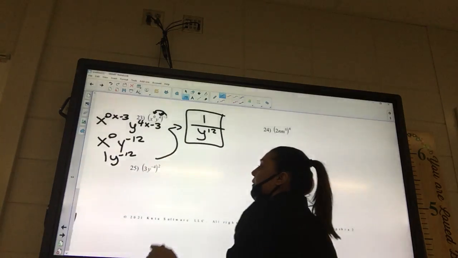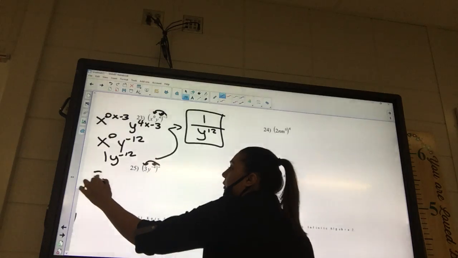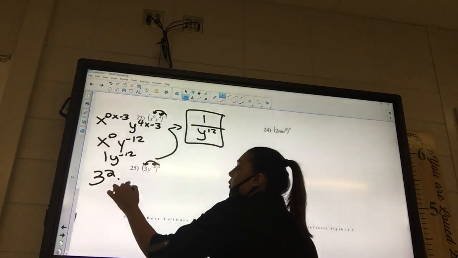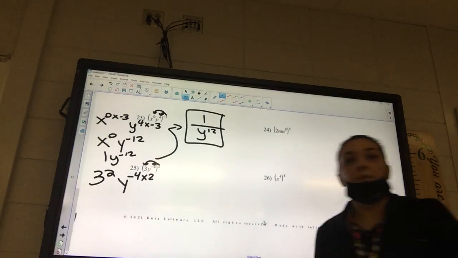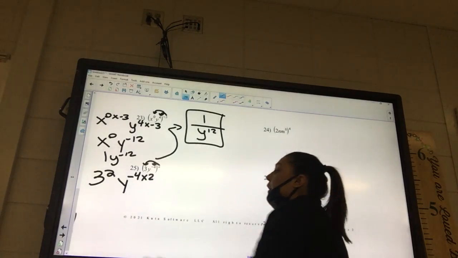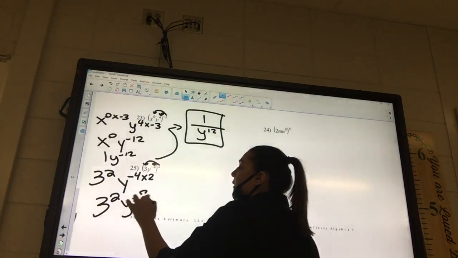Okay, last one, 25. We're going to distribute that to each piece. So I got 3 squared, y to the negative 4 times 2. So it's going to be 3 squared y to the negative 8.